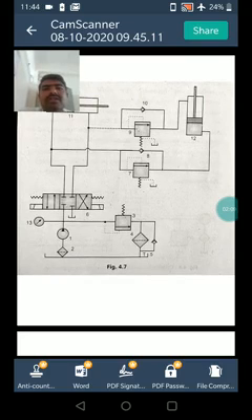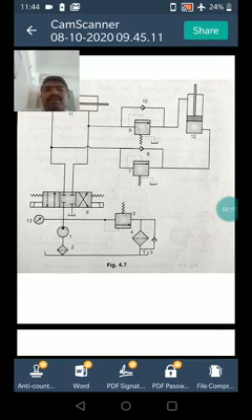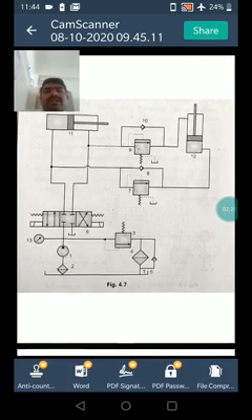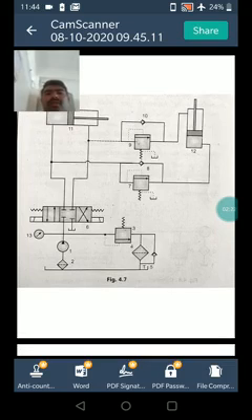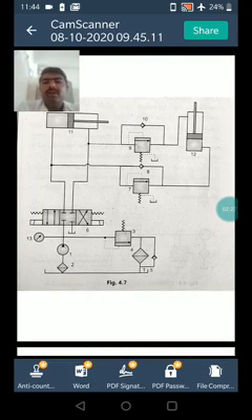The pressure in the blind end rises and gives a pilot signal to the sequence valve, that is 7. Then valve 7 opens and allows oil to flow to the rod end of cylinder 12, causing it to retract. So for the left position of DCV 6, first there is the extension stroke of cylinder 11, then the retraction stroke of cylinder 12.